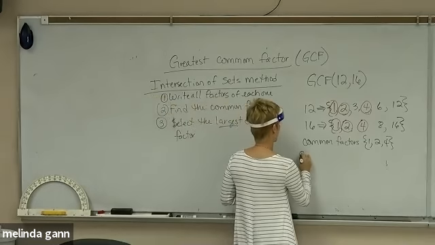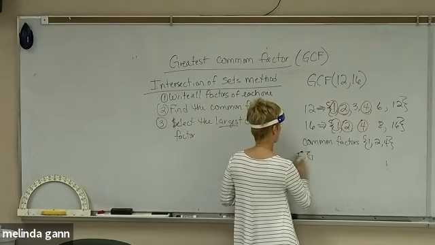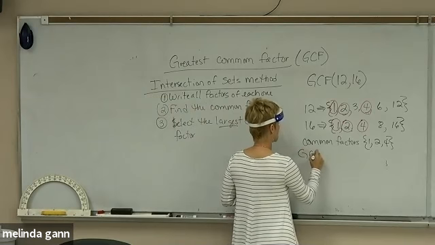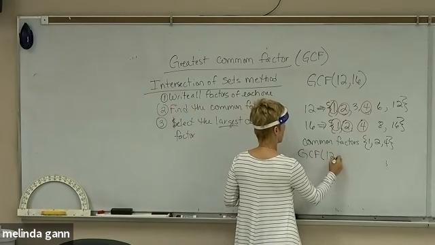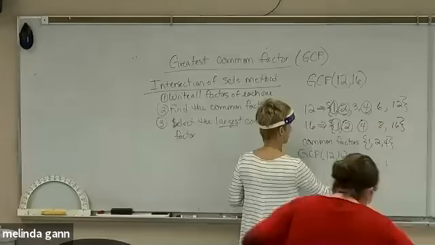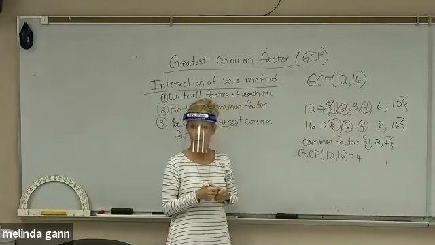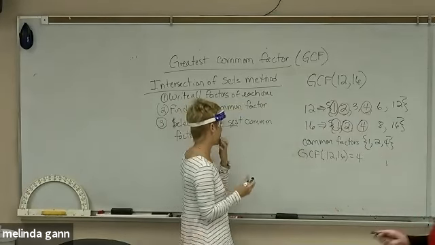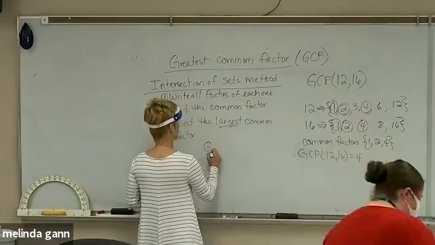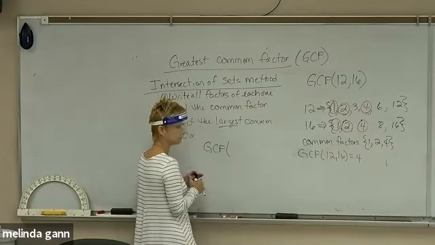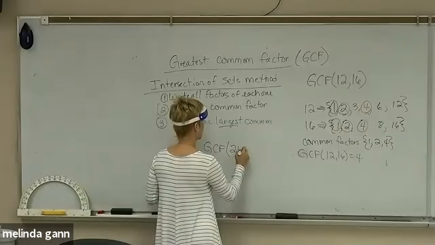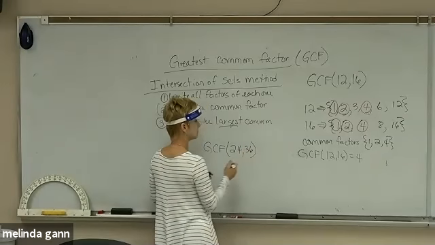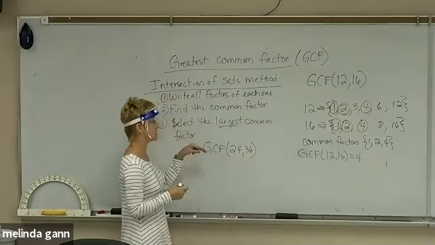Okay, so the greatest common factor of 12 and 16 is 4. Okay? So you try this for me. Then you find me the greatest common factor between 24 and 36. Use an intersection of sets.